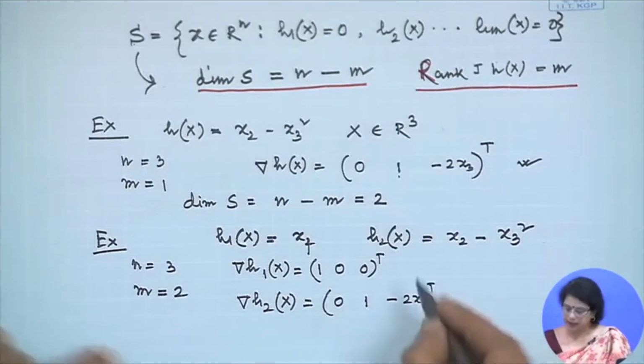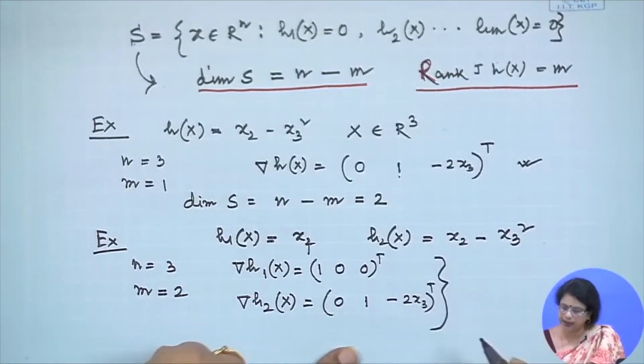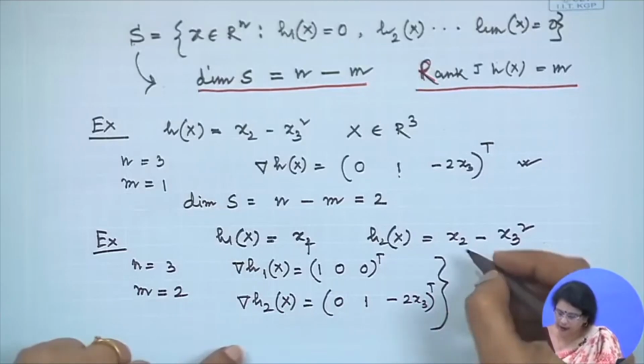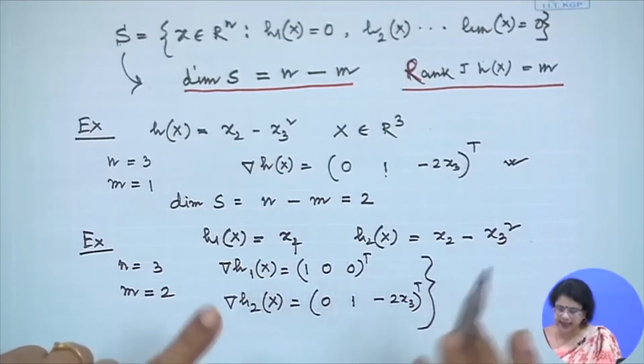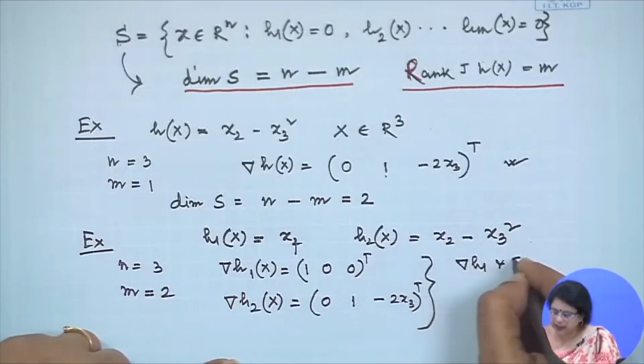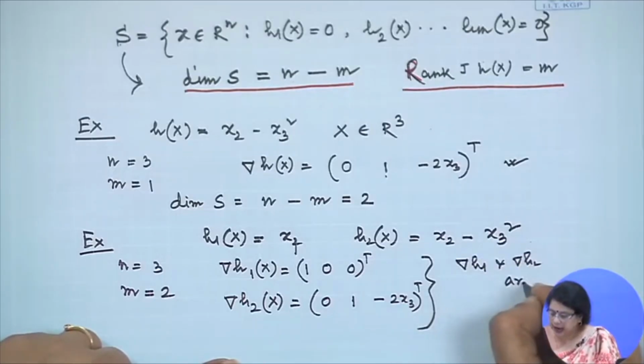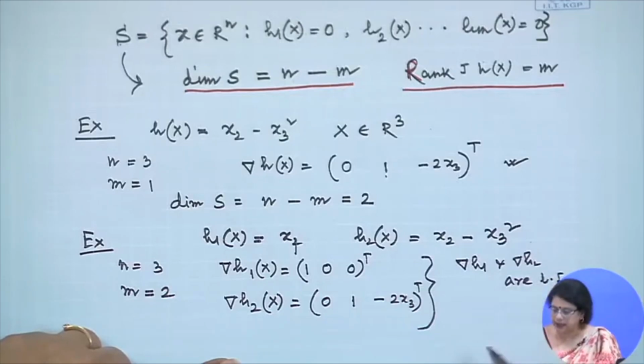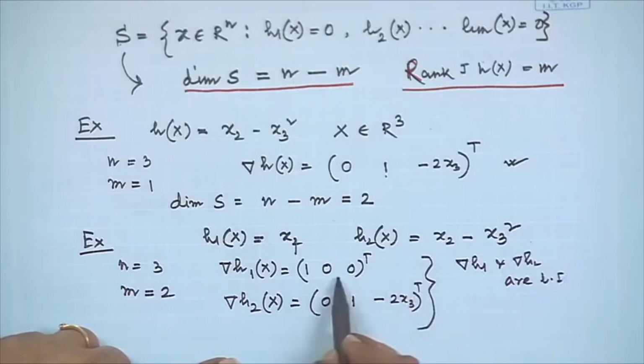First of all, we have to say that this is a regular point. If we can say that grad of h1 and grad of h2 are linearly independent, then only is this a regular point. That we can prove very easily, that both are linearly independent.